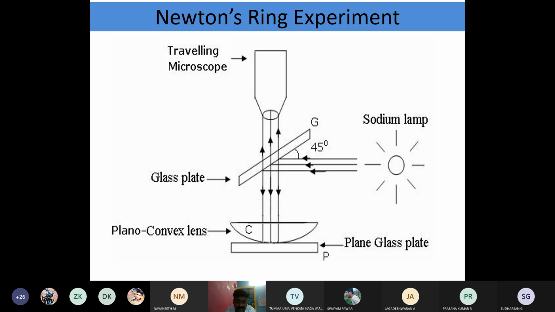When the ray strikes the bottom surface of the glass plate, it again reflects back. The transmitting ray and the reflecting ray are superimposed with each other. As a result, an interference pattern is obtained. We can see this circular interference pattern with the help of the traveling microscope.